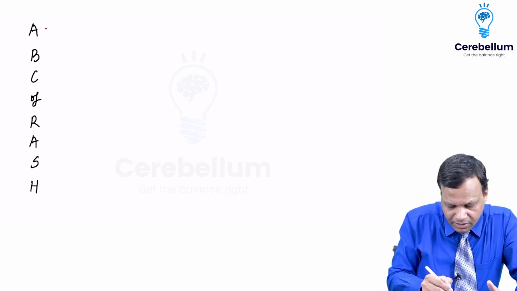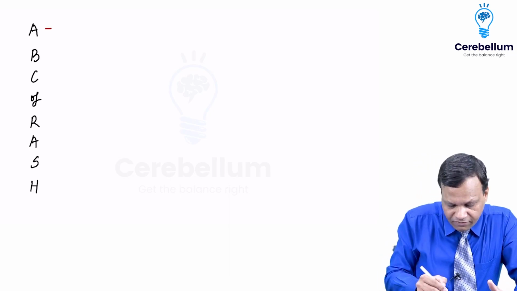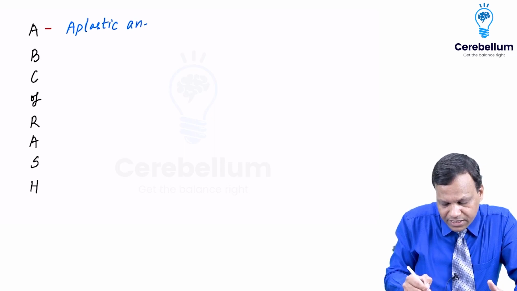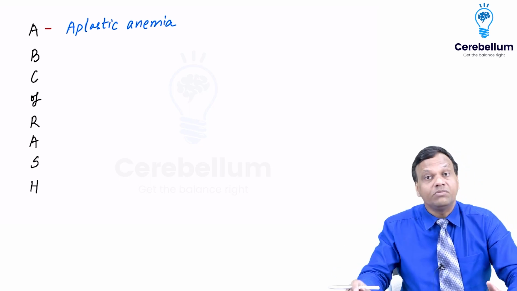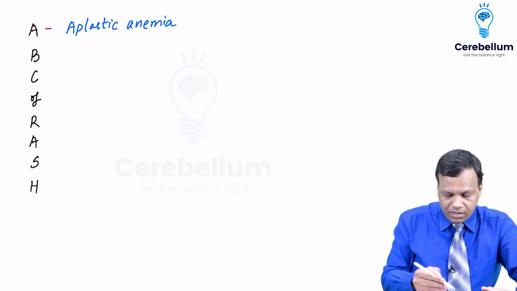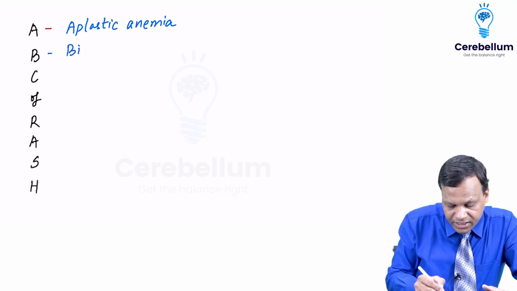A for aplastic anemia. So sulfonamides can cause aplastic anemia, leukopenia, thrombocytopenia, all can occur. Then B for bilirubin displacement.